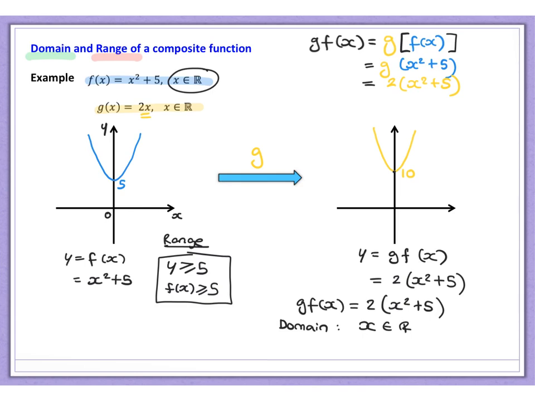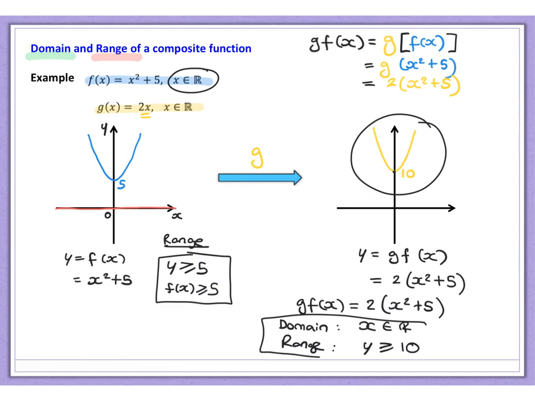And the full x-axis is allowed, but the range at the very end, if we look at this, the y-coordinates can only be 10 or upwards. So we have the following information. So let's look at this a little bit more carefully.